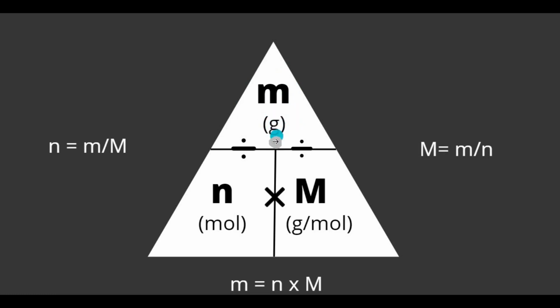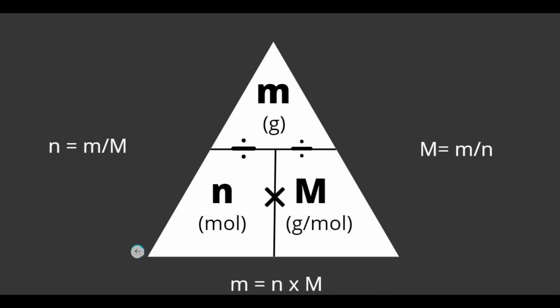It's measured in grams. So familiarize yourself with this triangle. It's pretty popular. So if I want to calculate the number of moles, n, I need to know the mass of my sample as well as the molar mass of my sample. So the relative atomic mass is actually your molar mass.